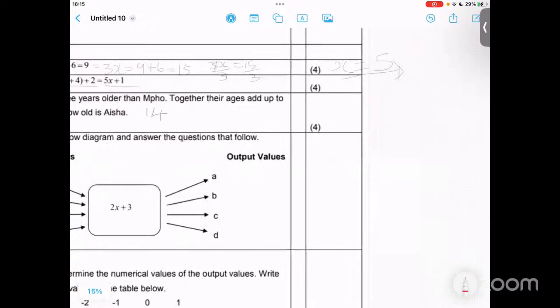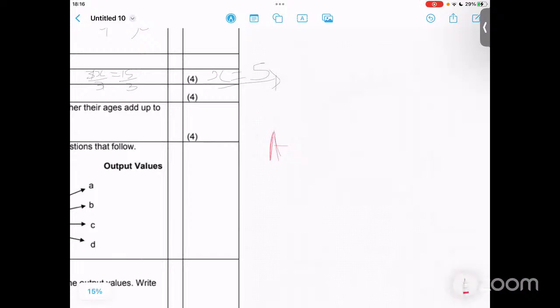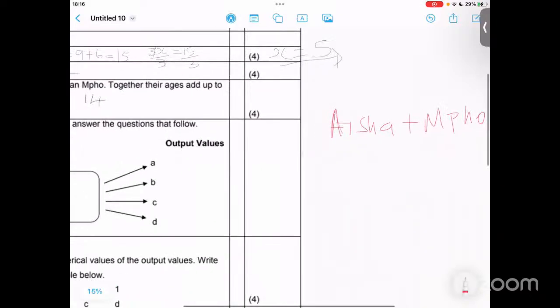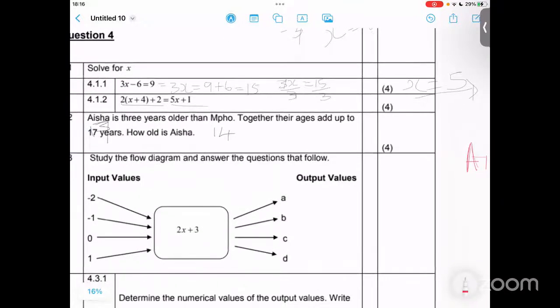So I'm just gonna write their names here. We have Asia plus Mpho equal to 17. Their ages sum up to 17. So who's 3 years older? Asia is 3 years older.